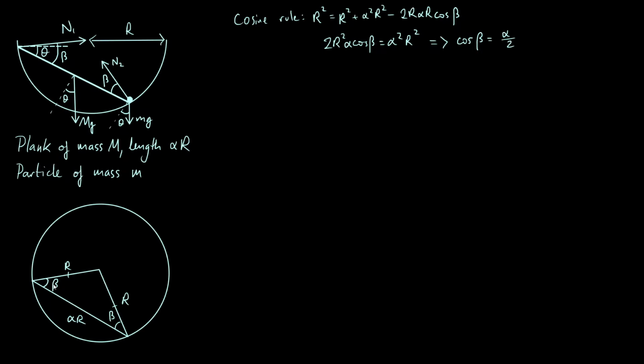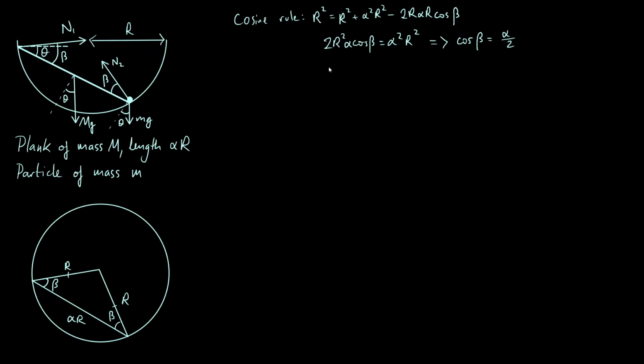So now we know what this beta is in terms of the length of the rod, because remember that was given by alpha times the radius r. Now we've done some geometry, let's do some actual physics involving these forces.